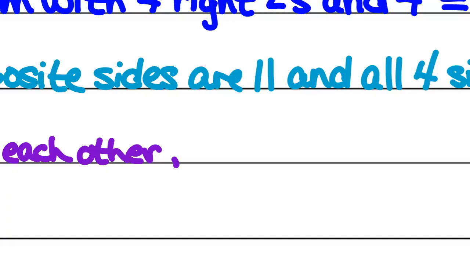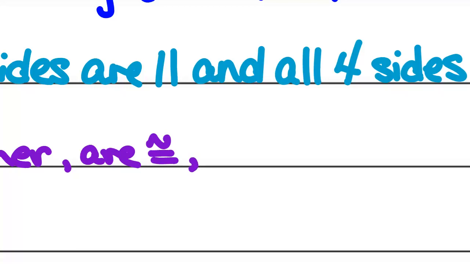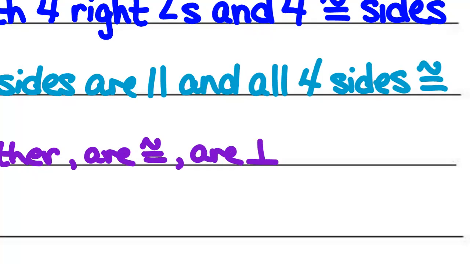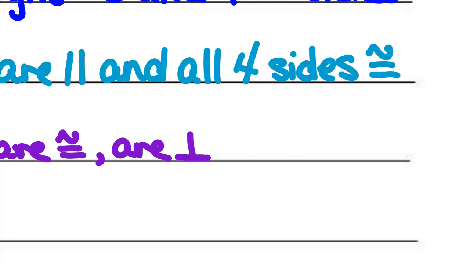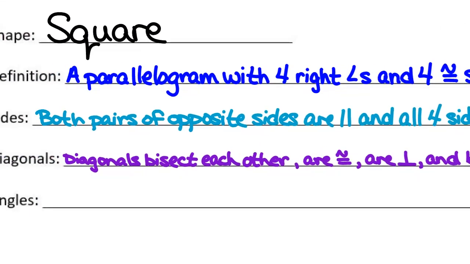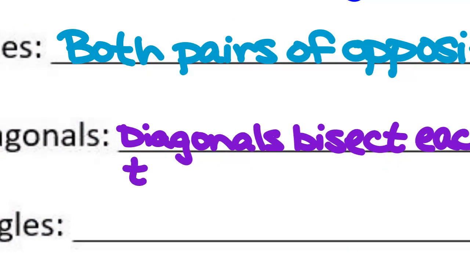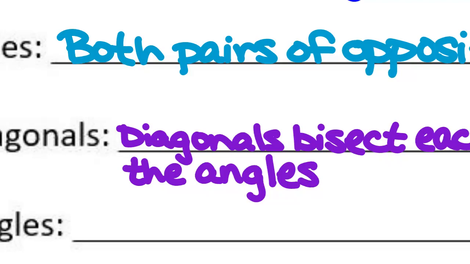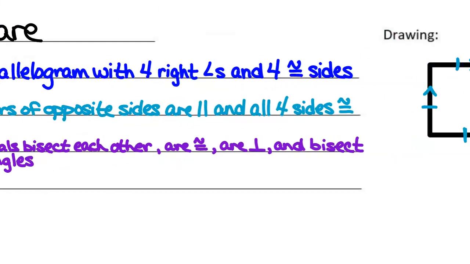So my diagonals are congruent. This is a special kind of rhombus because we have 4 congruent sides, so they are perpendicular. And they bisect the angles. So there's a whole lot going on with our diagonals here.